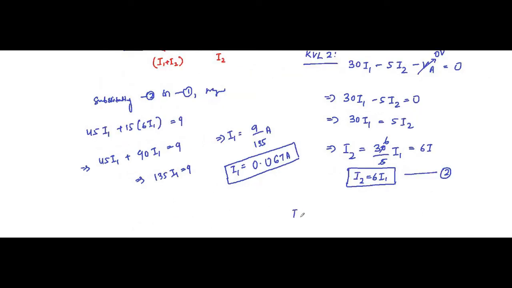So I2 will be 6 multiplied with this much, and that is coming around nearly 0.4 ampere. 6 I1. So this is the current flowing through the ammeter, drawn by the ammeter. This is the result that we wanted.